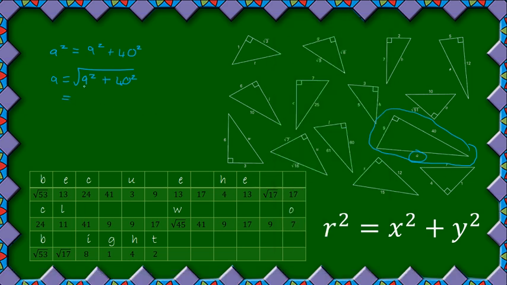So this is equal to 41. So I have a 41 over here, and I've also got a 41 over here, and then also there, and that seems like it.